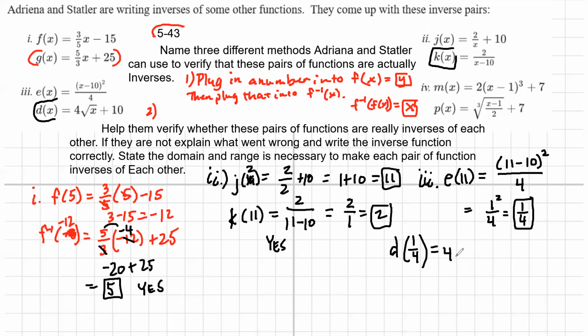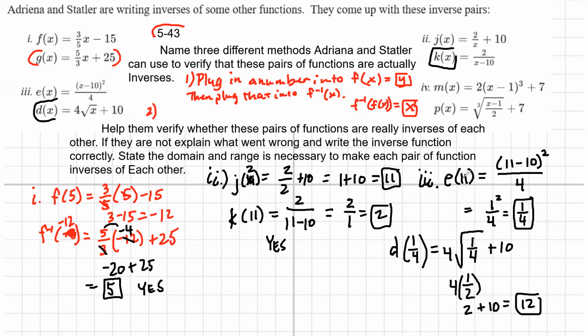I'm going to get 4 times the square root of 1/4 plus 10. The square root of 1/4 is actually a perfect square because 1/2 times 1/2 equals 1/4. So the square root of 1/4 is 1/2 times 4. So half of 4 is 2 plus 10 equals 12.